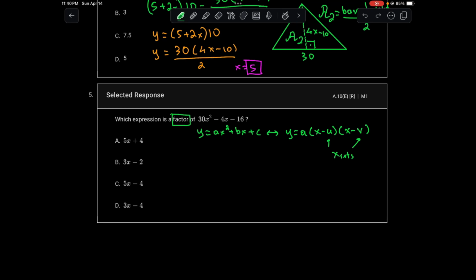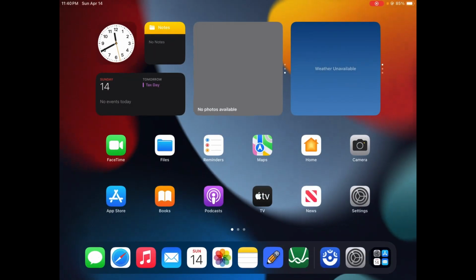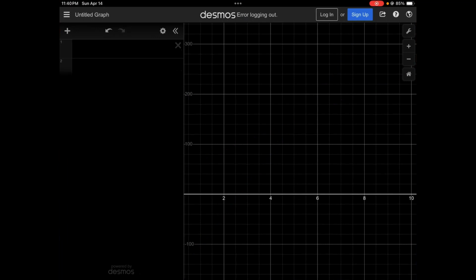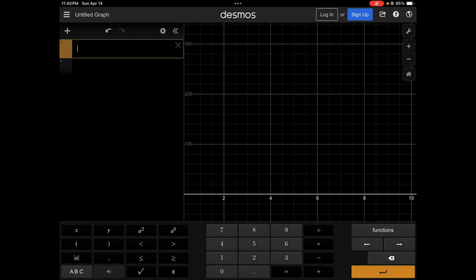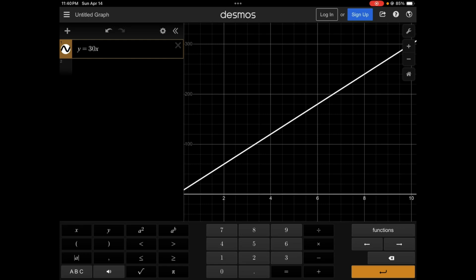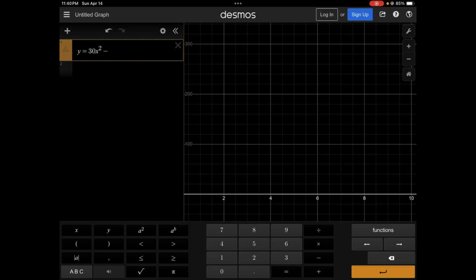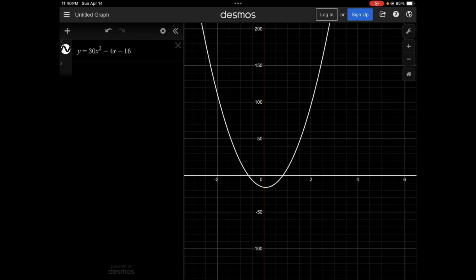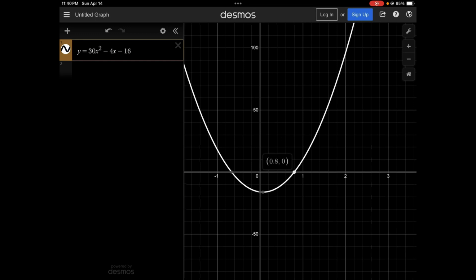So how am I gonna use the graphing calculator for that? Well, let's see. First of all, I'm gonna write the function given y equals, even though it's not given y equals, let's write it properly. 30x squared minus 4x minus 16. Okay, I have the quadratic. I confirm that there are x-intercepts, because if there are no x-intercepts, then it cannot be factored.